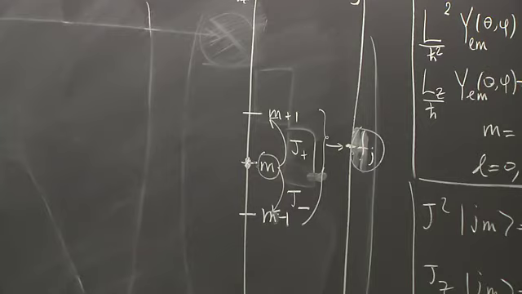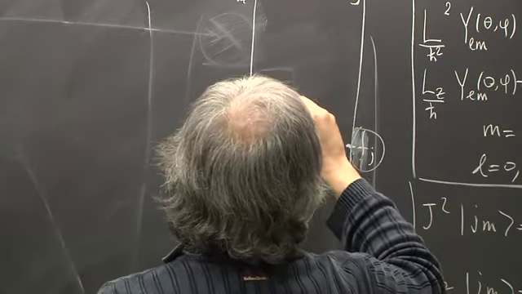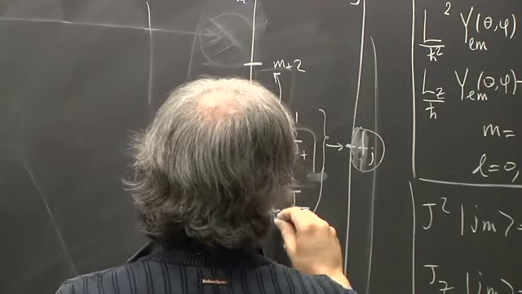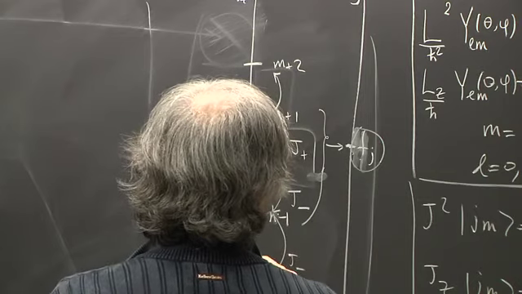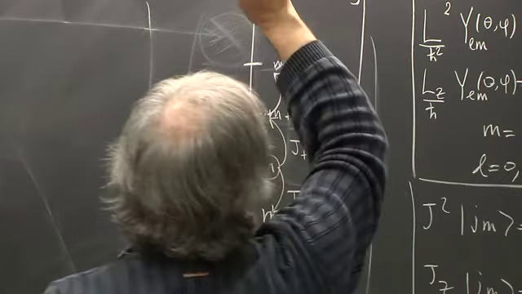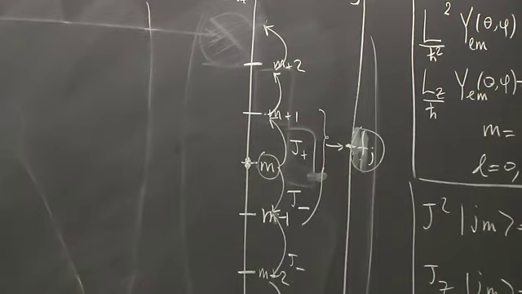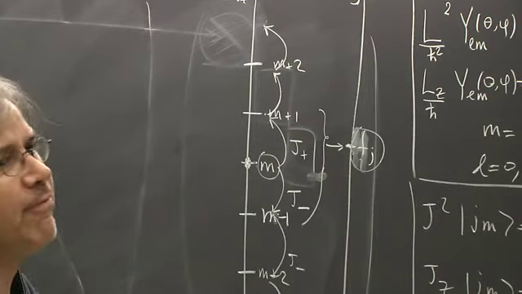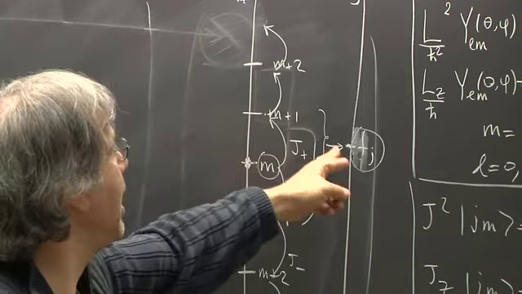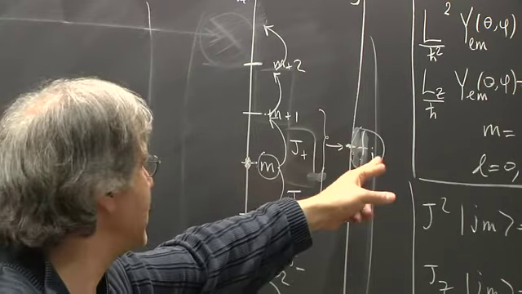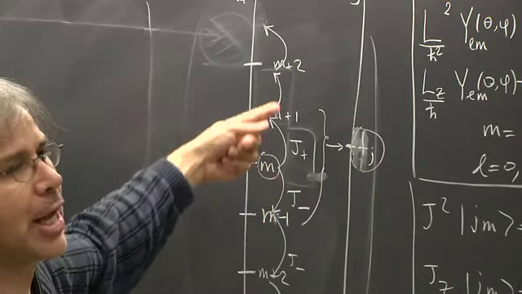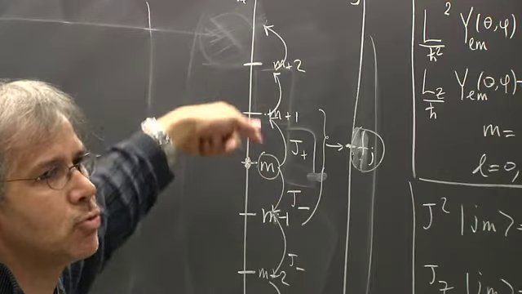If I now apply J plus to this state which I have formed, I can go on and form M plus 2. And here I can go on with J minus and form M minus 2. And so on. Apparently forever, right? So in some sense, it looks like I'm constructing an infinite ladder of states, all eigenstates of J square with the same value, Fj, which I still don't know, and all related to the initial M by this ladder, +1, +2, -1, -2.